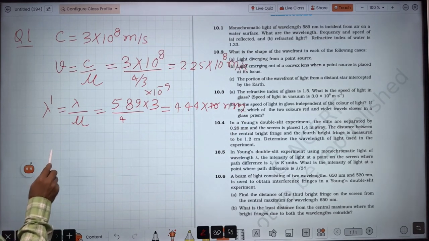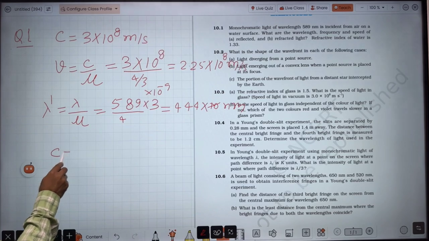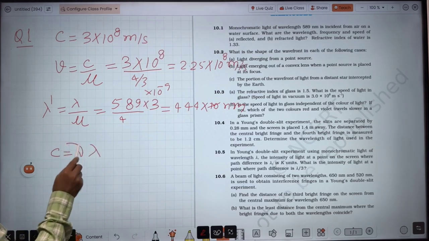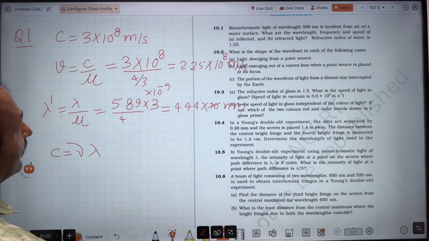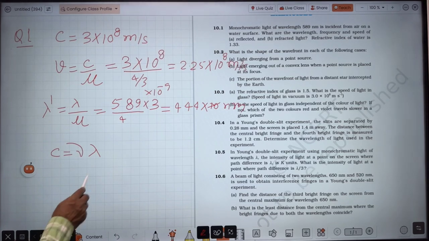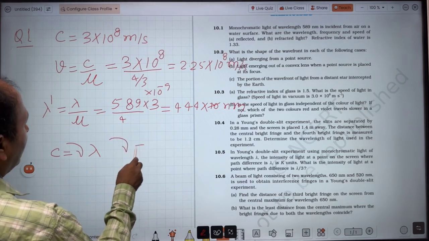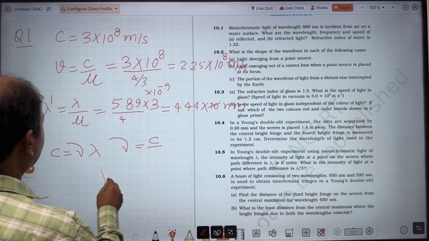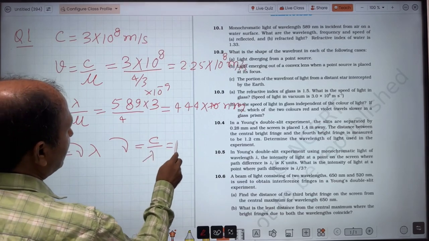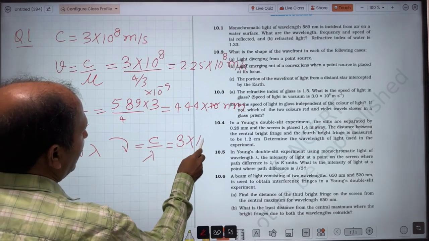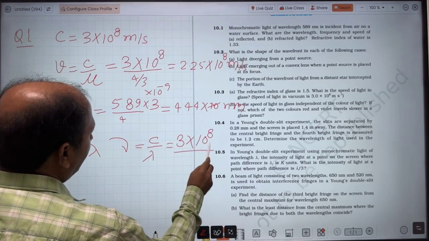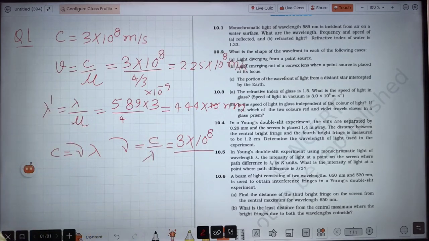Frequency. C equal to nu lambda. Keep in mind, whether there is reflection or refraction, the value of frequency will remain intact. So here nu will become c upon lambda. C is 3 into 10 to the power 8 divided by lambda.